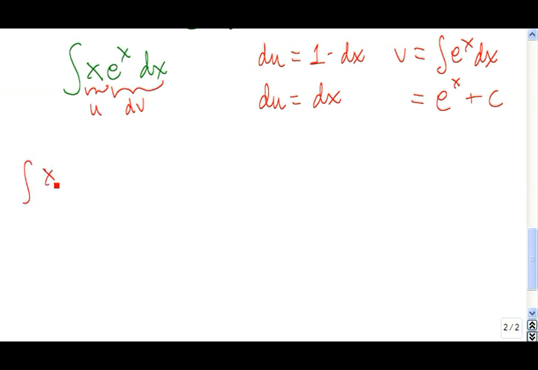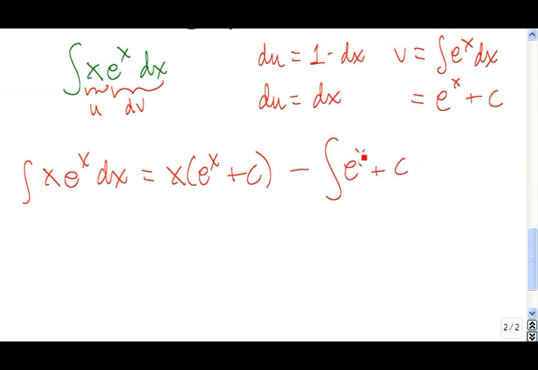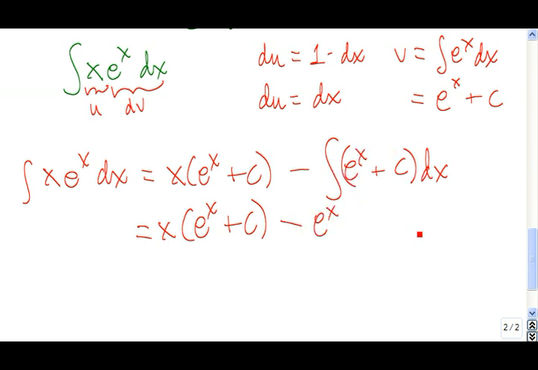So then I get the integral of x e to the x dx is equal to u times v minus the integral of v times du. So what we have is x times e to the x plus c minus the integral of this. So it's minus e to the x. Remember that c is a constant, so an antiderivative of c is c times x.